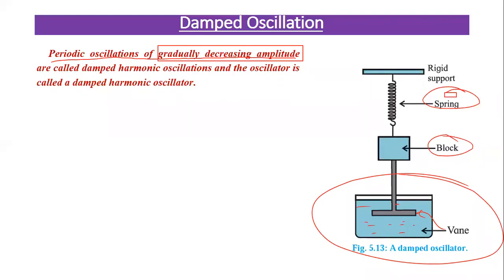But here this vane is placed in the liquid, so the liquid opposes the motion of the block. It produces damping, so the amplitude of the block goes on decreasing gradually. Therefore this type of oscillatory motion of the block is called damped oscillation.